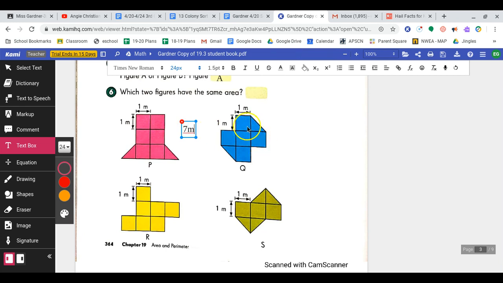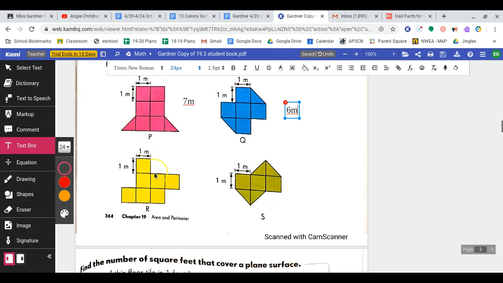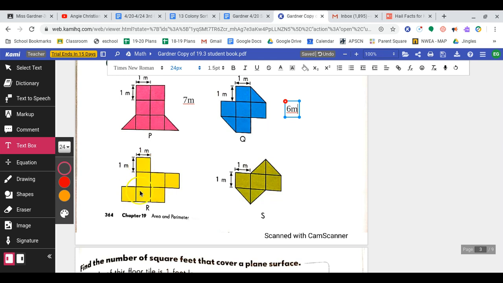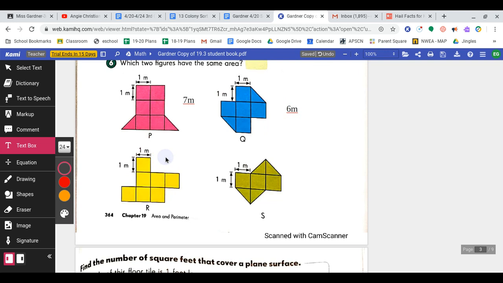This one has 1, 2, 3, 4, 5, plus 1 equals 6, 6 meters squared. I'm just going to put 6m and 7m here because it's not going to show the small 2 for squared. This one is 1, 2, 3, 4, 5, 6, 7 meters squared.